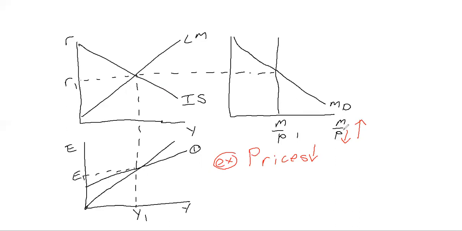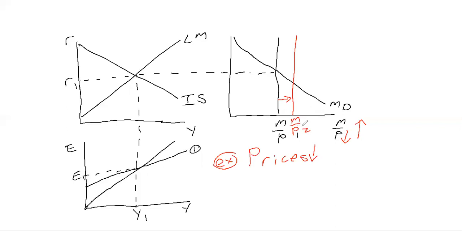So if the number on the bottom gets smaller, the entire fraction will become larger. When this fraction becomes larger, we're going to see it shift to the right. So an increase in the money supply will be a shift to the right, to M over P2.